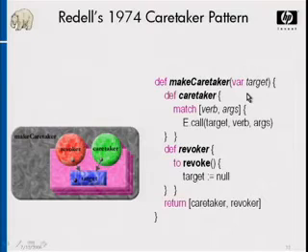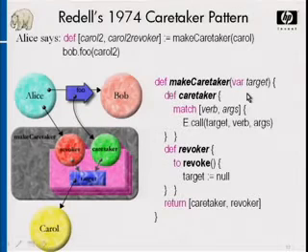She interposes an intermediary. The intermediary Riddell called the caretaker. So she instantiates this intermediary.